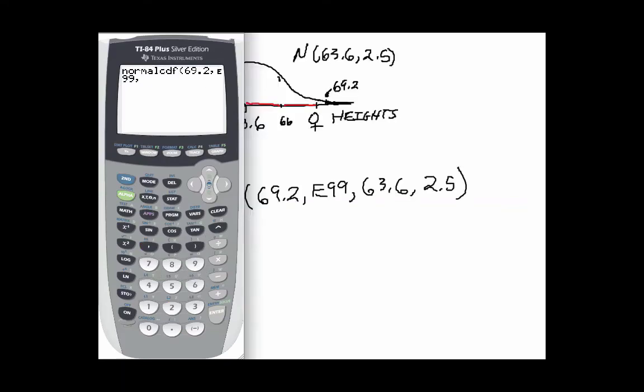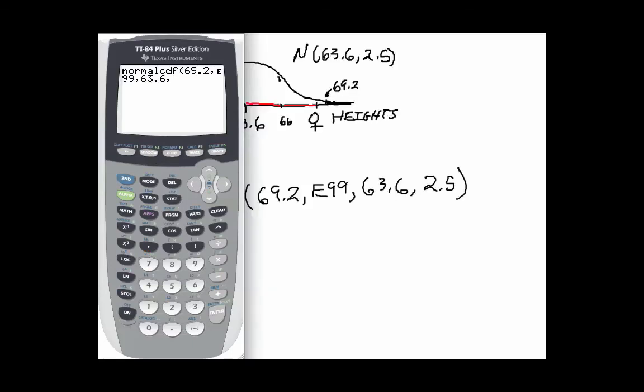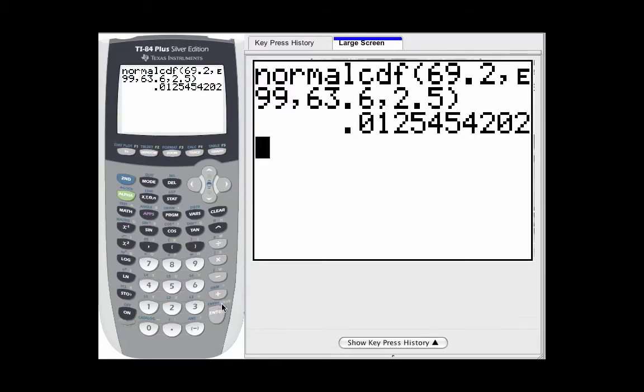That was 63.6, right? And our standard deviation was, I believe, 2.5, but let's check, and it's 2.5. Close out the parenthesis, hit enter, and sure enough, it's about 1%. It's 1.3% basically is what we'd come up with.